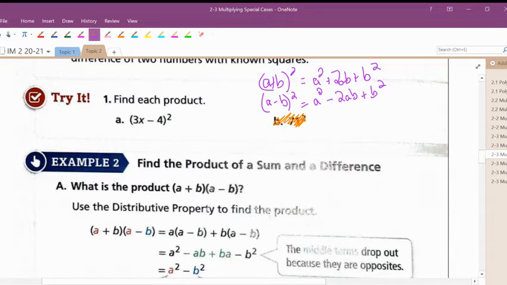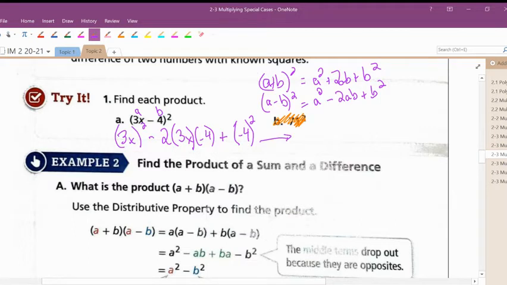The only thing that's different when we square a binomial is if we have a plus sign or a minus sign. Here we have a minus sign. So that will be a, that will be b. So a squared, that's (3x) squared, minus 2 times a times b, and then plus b squared.